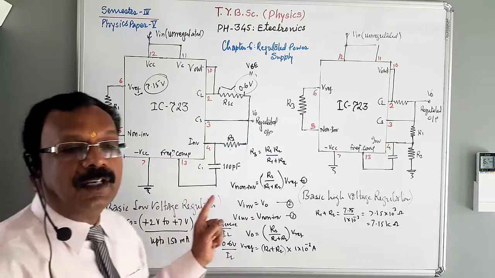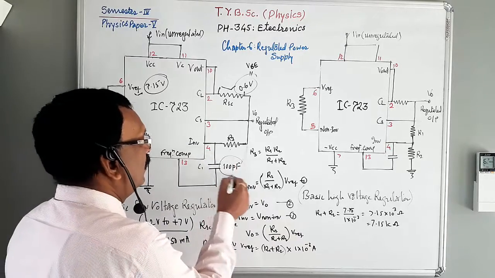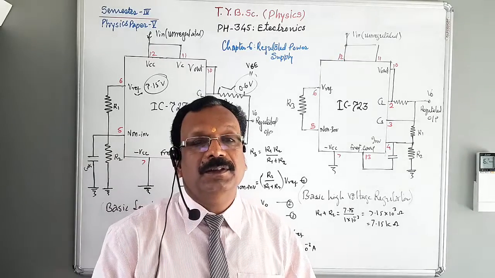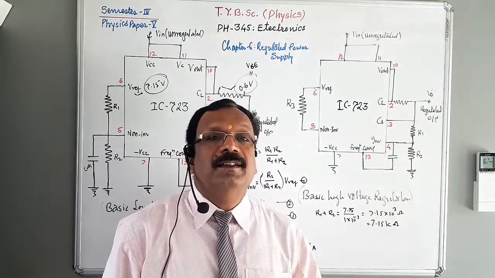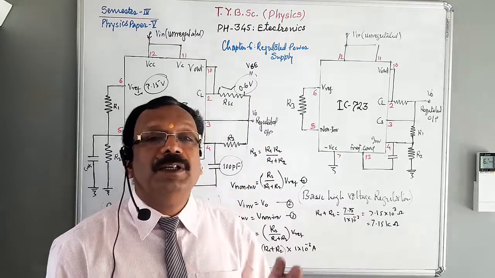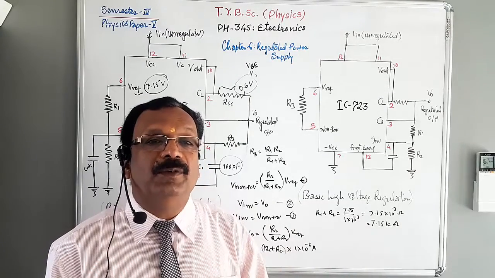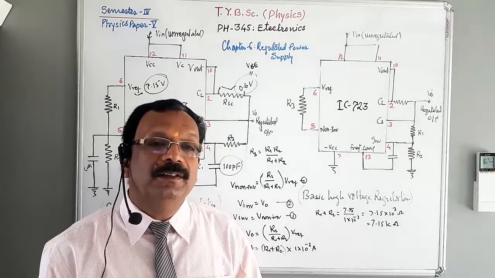For frequency compensation, we select a capacitor of 100 picofarad. In this way, we can design the circuit using IC 723 for a low voltage regulator. Okay, this is very simple.